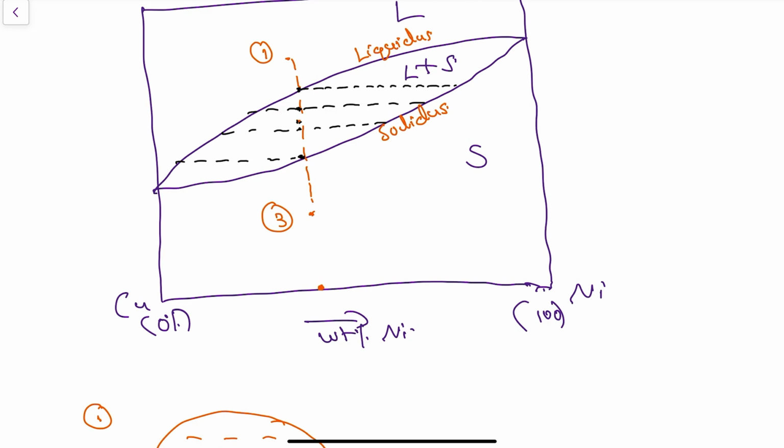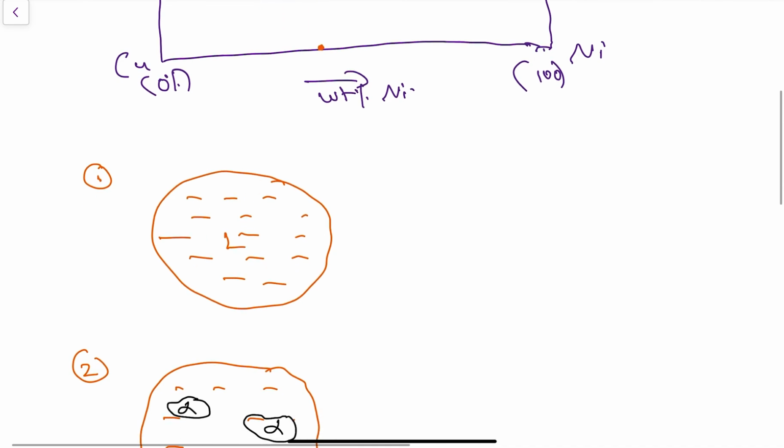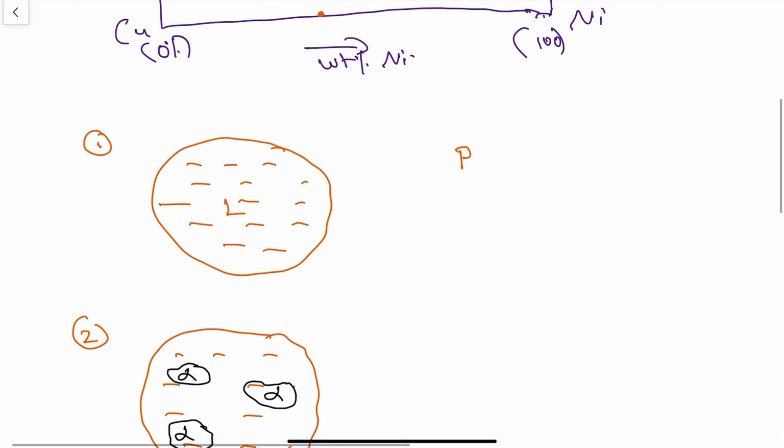For example, let the first point be P. Now this is Q and this is R. So these are the various points. At point P, what are the phases present? At P, the solid is about to form in the liquid.